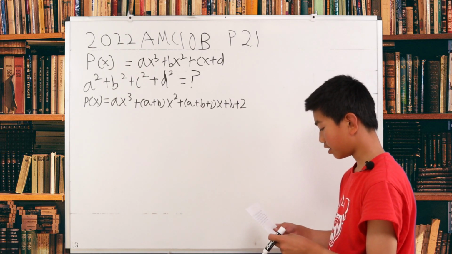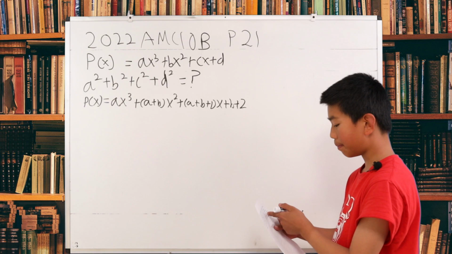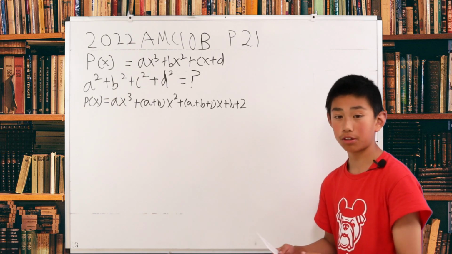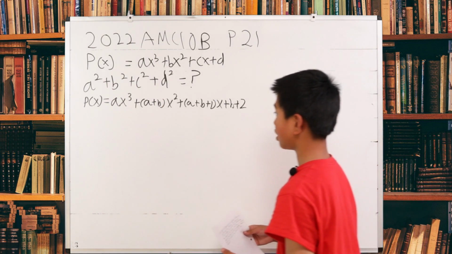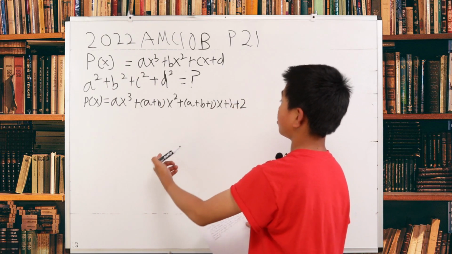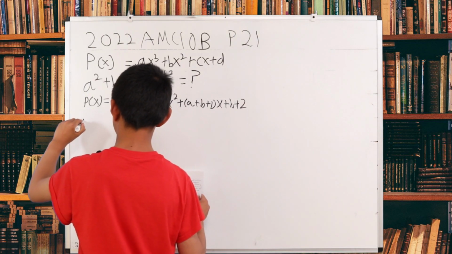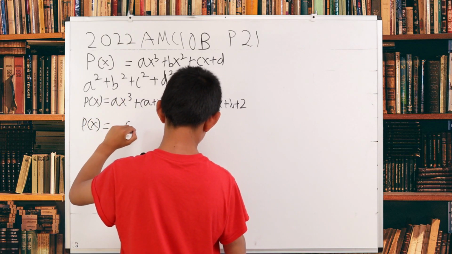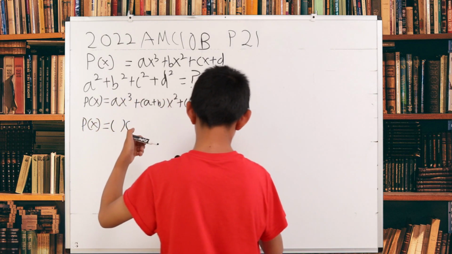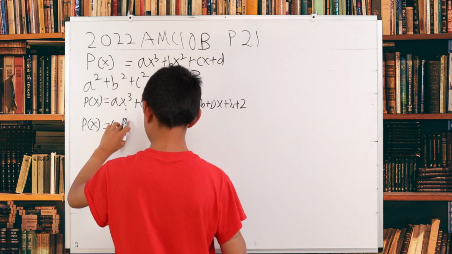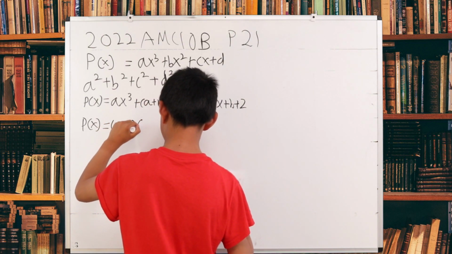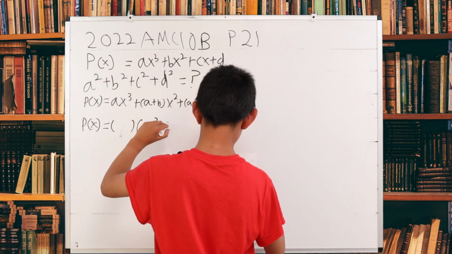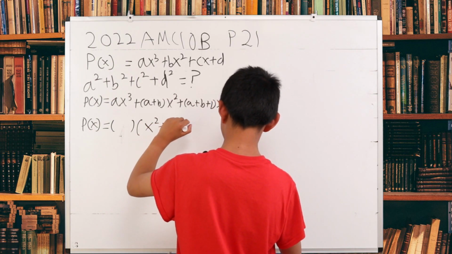We are also given that when P of x is divided by the polynomial x squared plus 1, the remainder is 2x plus 1. So P of x is equal to something times x squared plus 1 plus 2x plus 1.